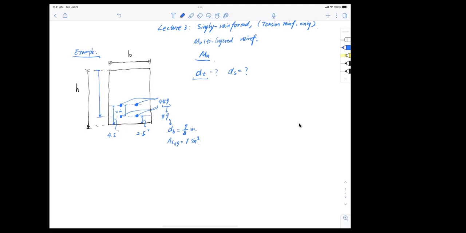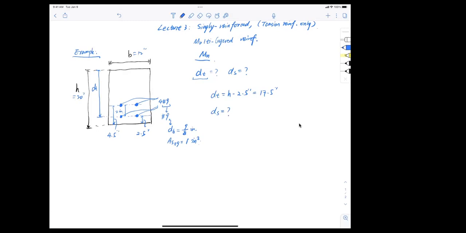That is simple, folks. DT should equal H minus 2.5 inch. If H equals 20 inch, to make things easy, and B is 12 inch, that is 17.5 inch. Great. But what is DS?